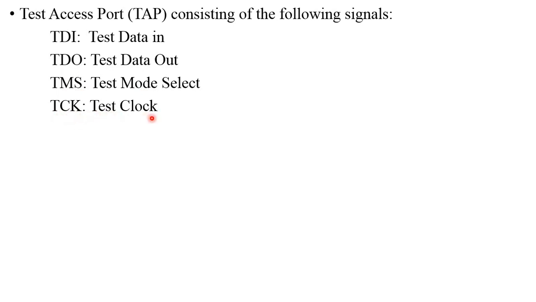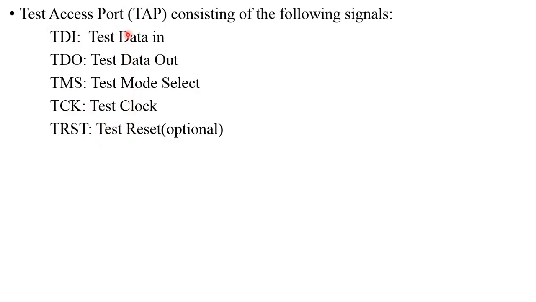TCK is the test clock, and the last one is TRST, test reset. These four are the mandatory signals, and this one is the optional one. So the test access port has five different signals.